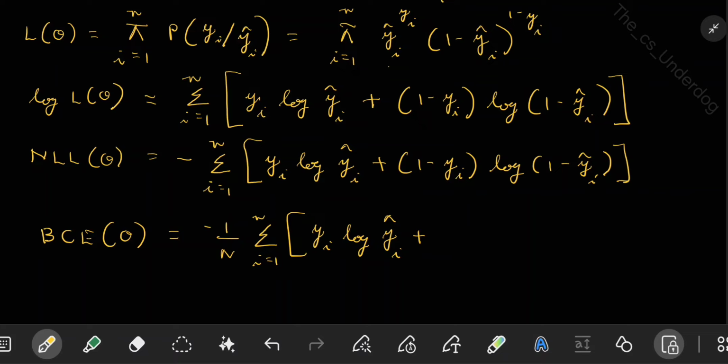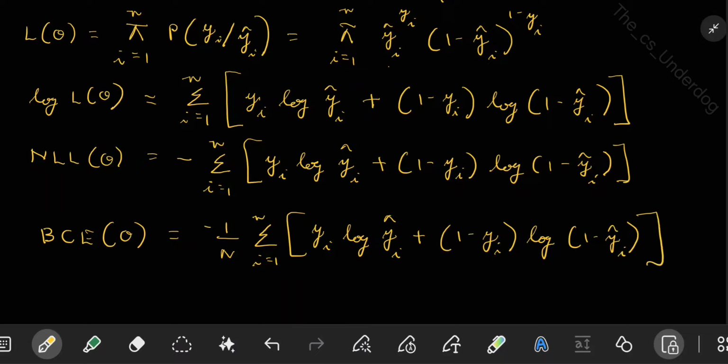That is the only difference, so that I can find the per example or average value. For that I put a 1 by n. Otherwise I'm just copying whatever I wrote here. This into 1 minus yi log 1 minus yi cap.